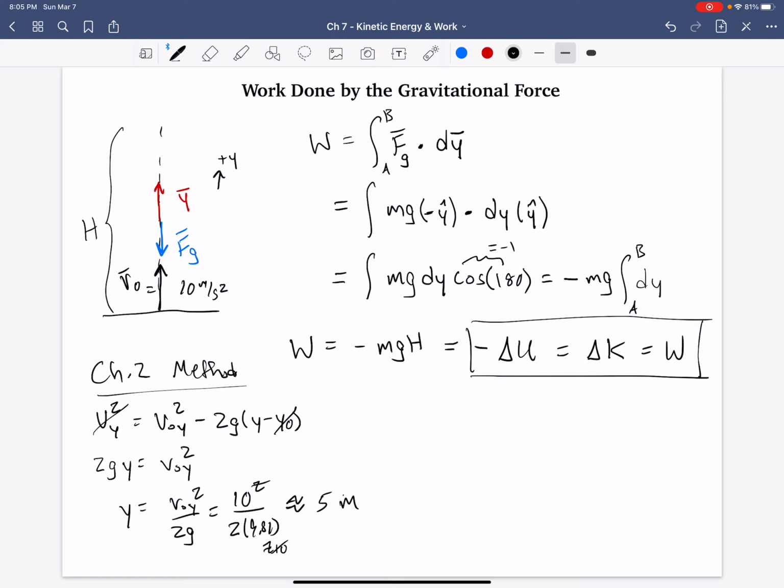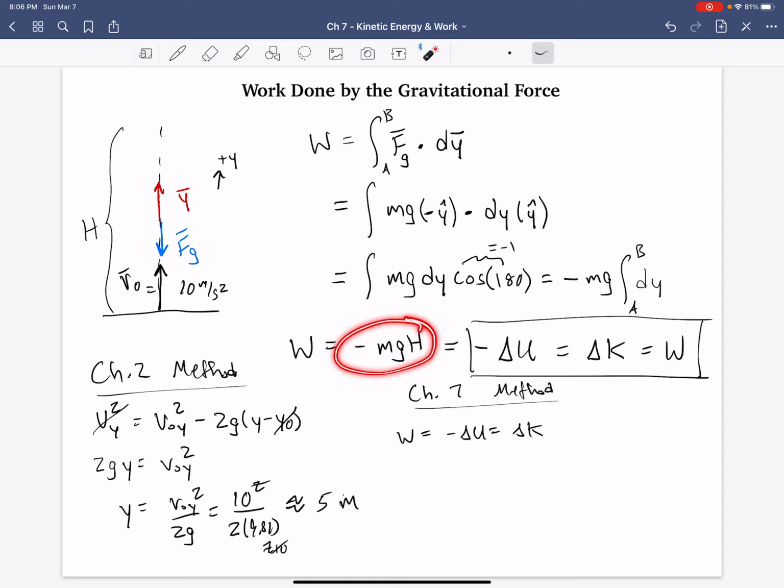About 5. Now let's do it the chapter 7 method using work and energy. So I said above, work is equal to positive delta K. It's also equal to negative delta U. We just found what that's equal to right there.